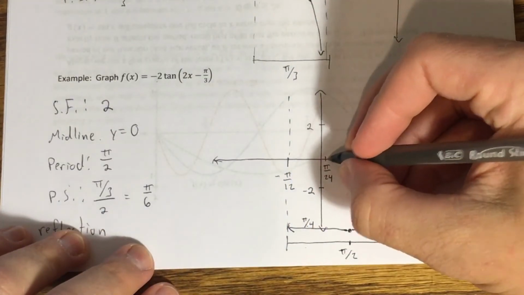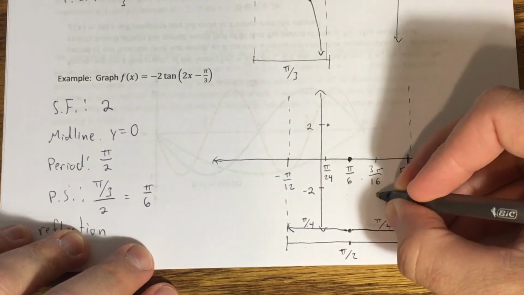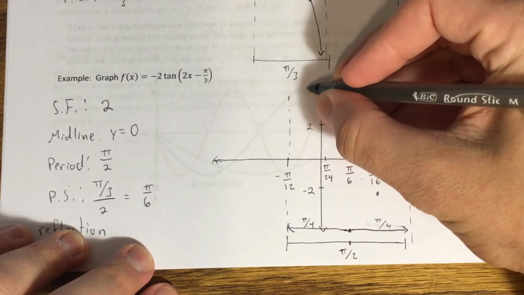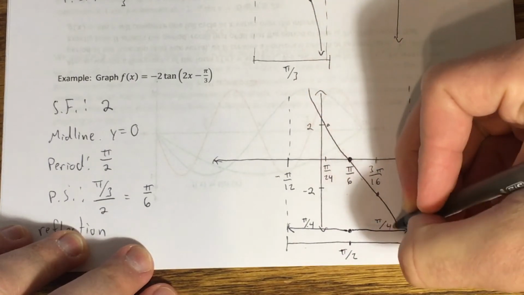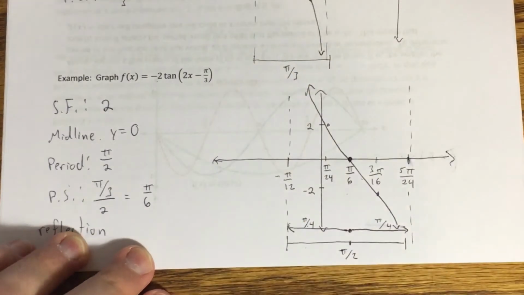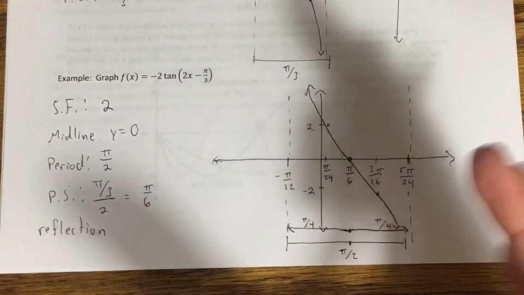So that means at these other 2 points, I need to go up to 2 here, down to negative 2 here. So my graph is going to look kind of like that. Okay. Again, it's difficult to show the curve at this scale, but you do what you can.